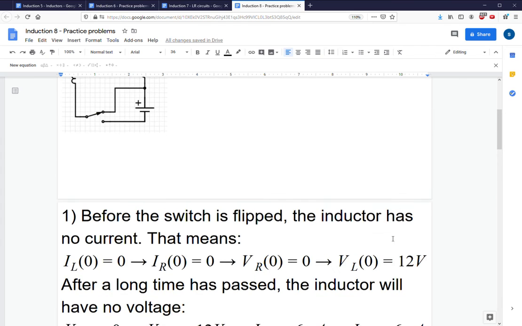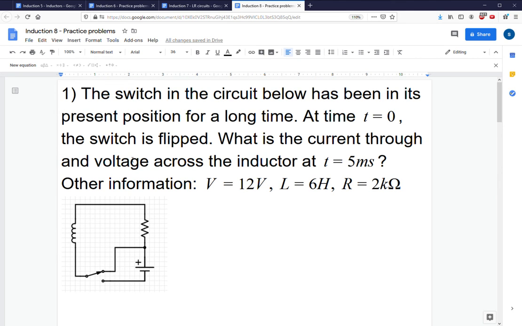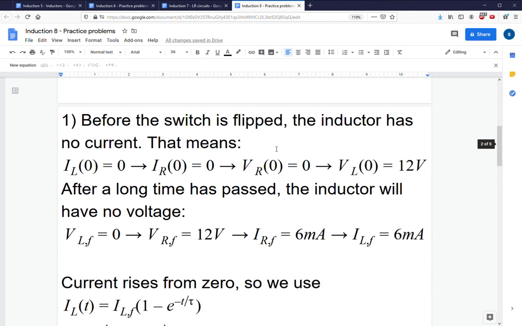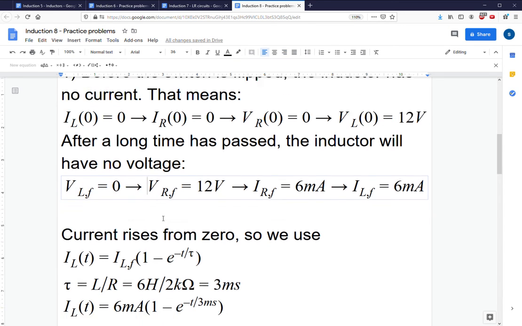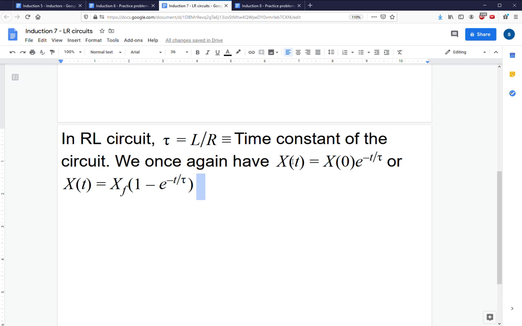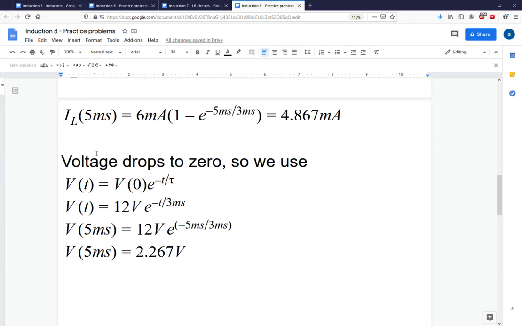The other question asked was, what is the voltage across the inductor? So the voltage across the inductor starts at 12 volts and ends at 0, which means we will use the falling or the decaying equation. More generally, V of t is equal to V of 0 times e to the negative t over tau.